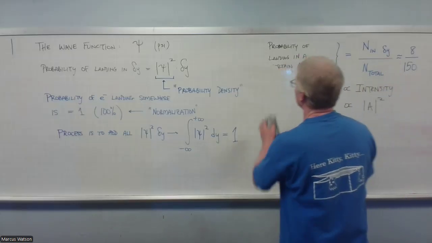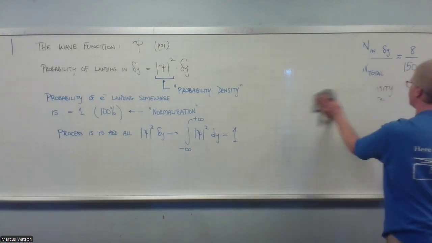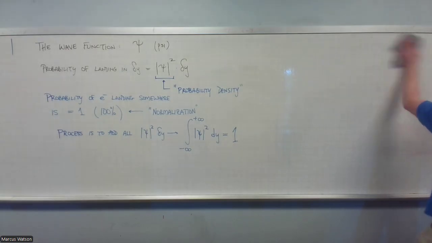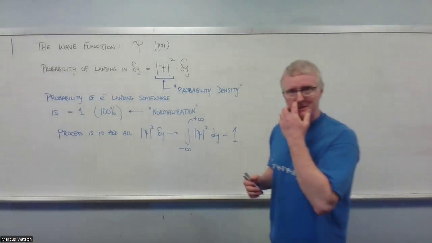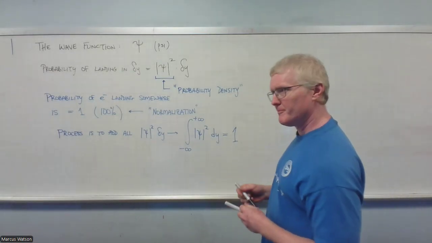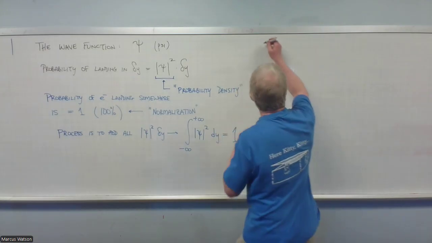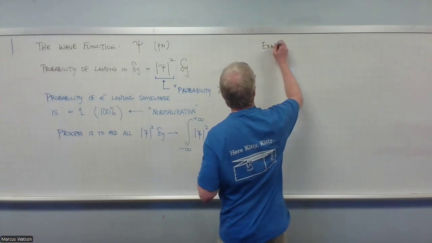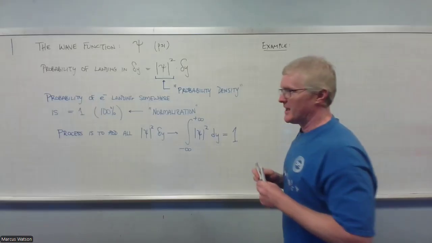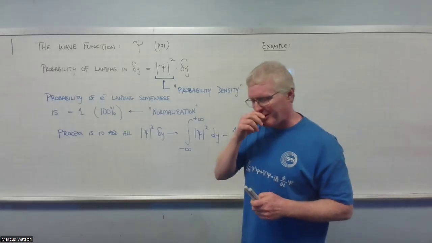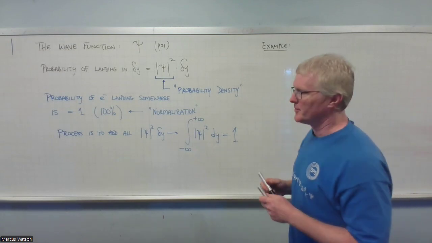Now, let's take a look at what this means from a more concrete perspective. And then we'll step back a little bit and talk about what this means from a slightly more philosophical perspective, or a mental viewpoint. Let's take an example in which I have a wave function and I want to come up with a trial wave function.